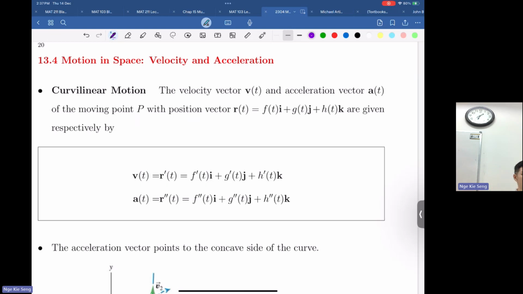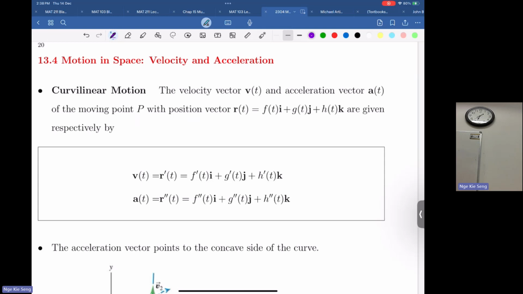Now we deal with multi-variable. So you get velocity, right? How to get speed from velocity? What is the difference between speed and velocity? It's like the difference between distance and displacement.